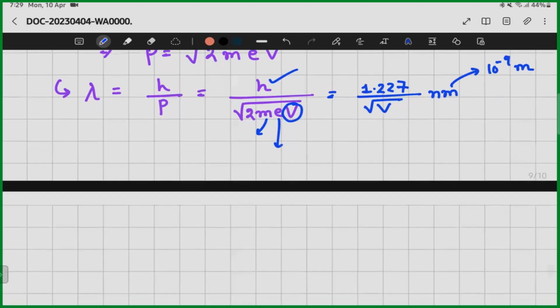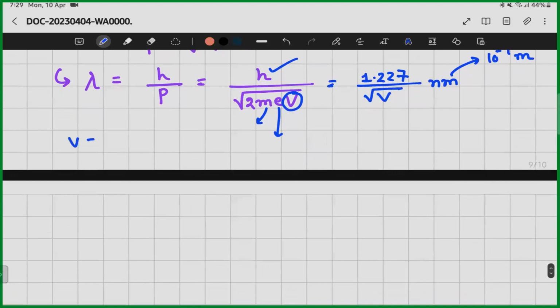Okay. So now let's say V is 120 volt. If V is 120 volt, then we can put this value in and calculate the lambda, which is 0.112 nanometer. So this is some wavelength on which we can make an experiment to check whether this is correct or not.